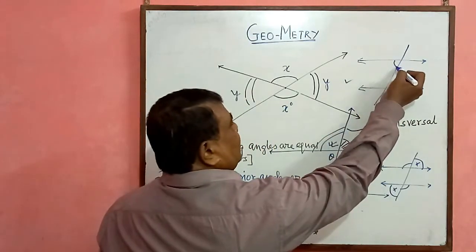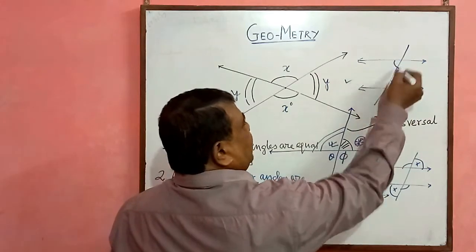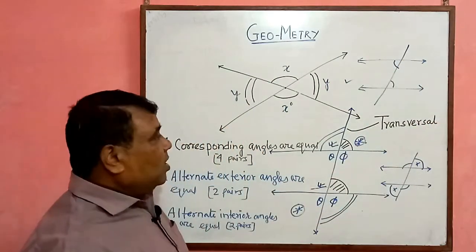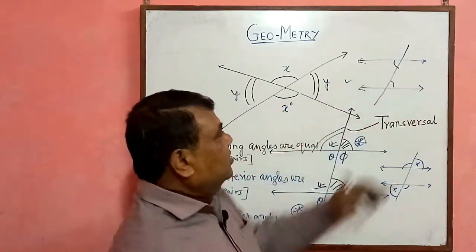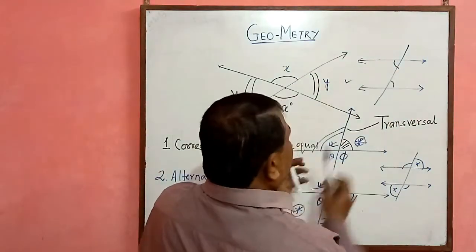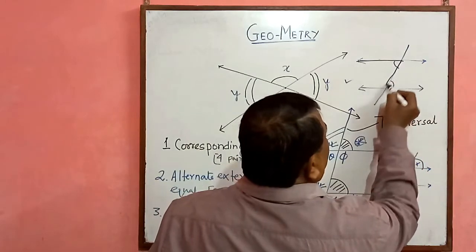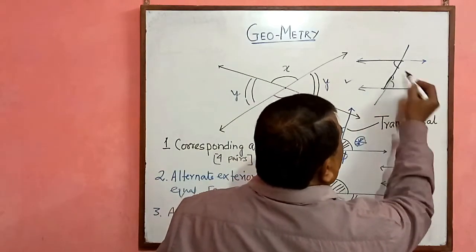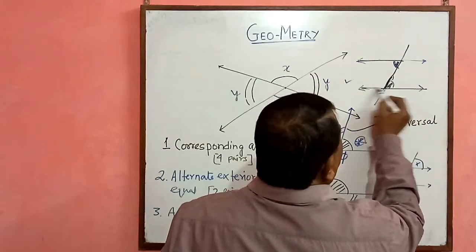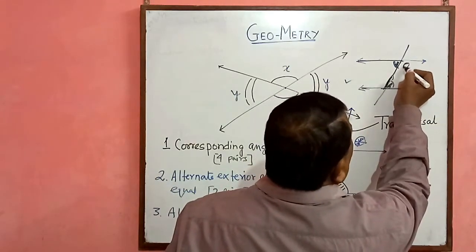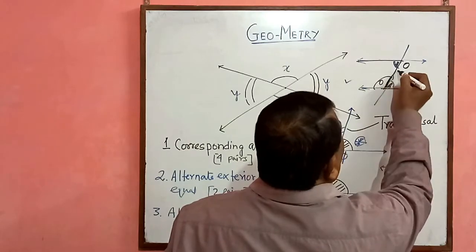So this is like the letter Z. At the edges of the Z, this angle is equal to this angle, and this angle is equal to this angle.